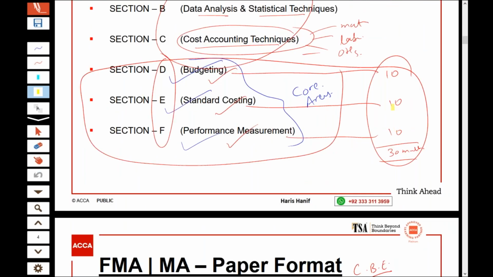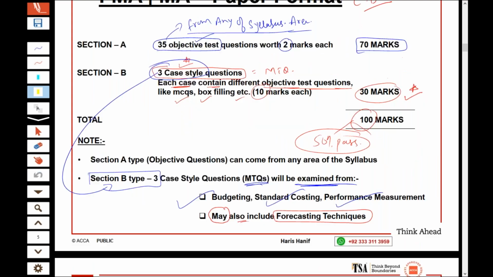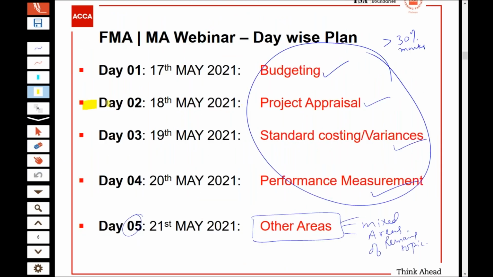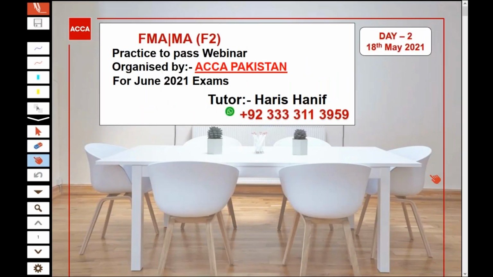I had made it clear that these three areas are the core areas, which become at least 30 marks, and also include more than 30 marks as well. So let's start with today's agenda, project appraisal.